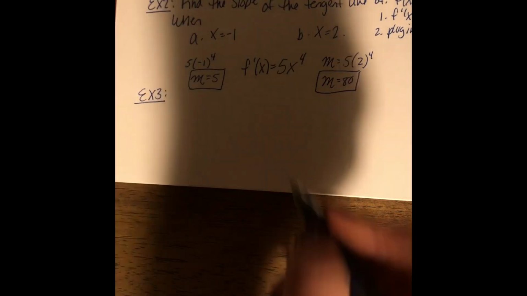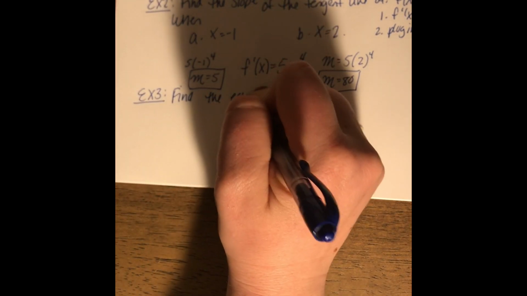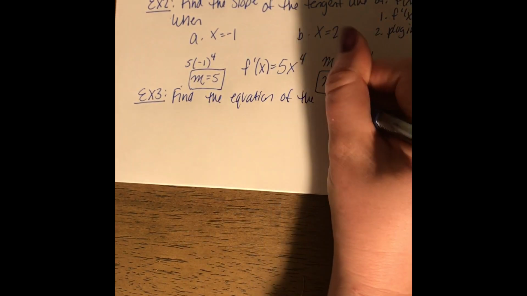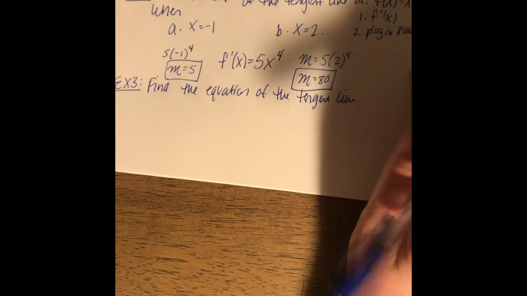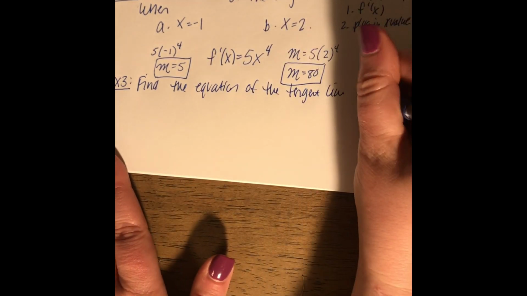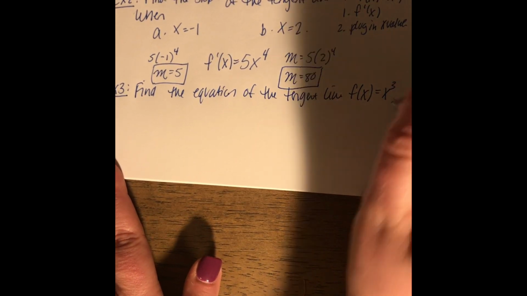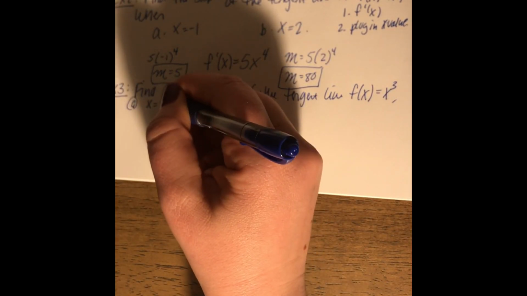We are going to find the equation of the tangent line, f of x is equal to x to the 3 at x is equal to negative 3.